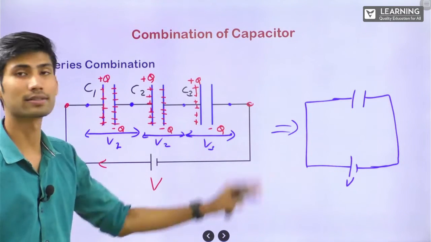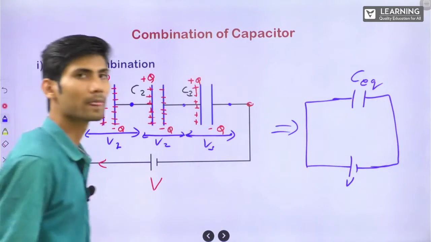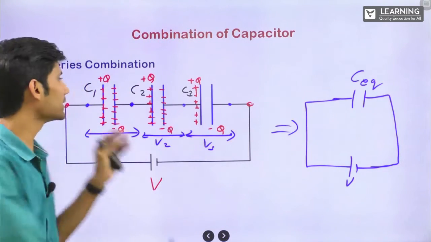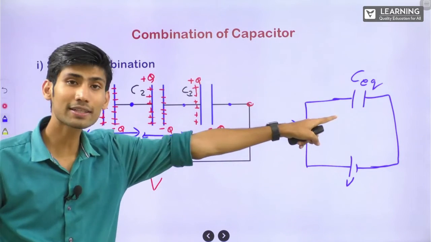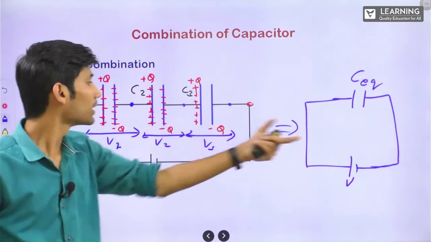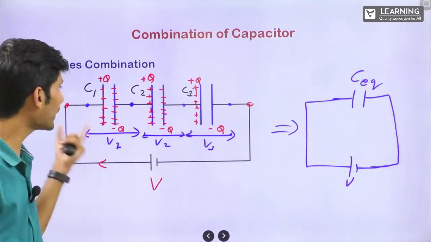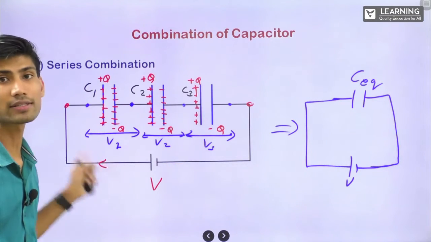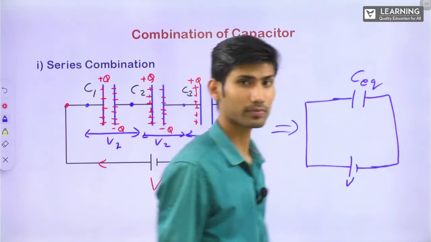Connected like this. So let's say this is C equivalent. V same. This C equivalent is basically these three capacitors I have replaced with one such capacitor, such that the capacitance of that capacitor is equal to the equivalent or resultant capacitance due to all these three capacitors connected in series. Clear? Got it?